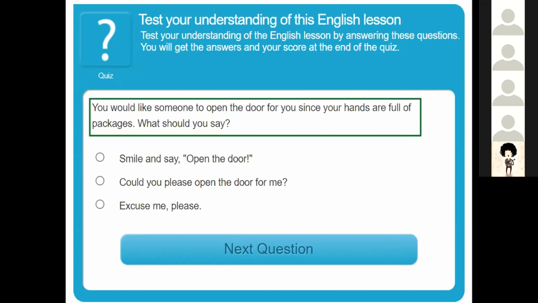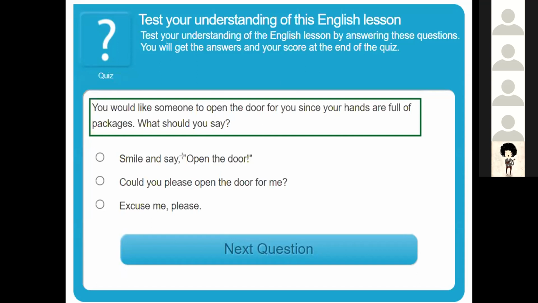What should you say? Okay, you would like someone to open the door for you, since your hands are full of packages. You know, when we went to the market and we returned home full of packages, con muchas bolsas, con muchas cosas. ¿Qué deberíamos decir si es que necesitamos que alguien nos ayude abriendo la puerta? Porque estamos ya con las manos ocupadas.